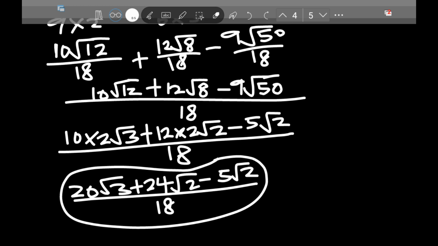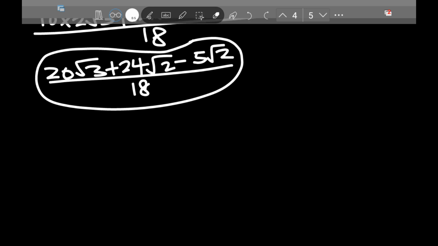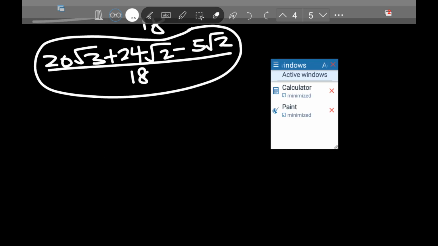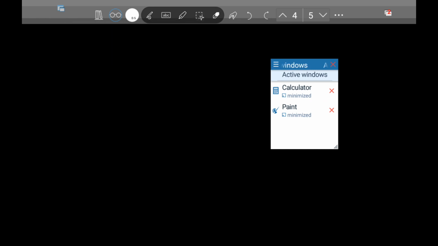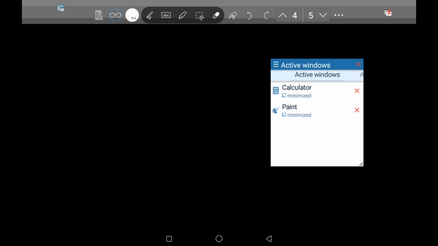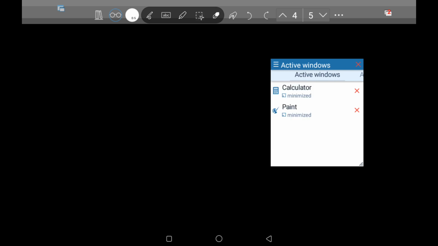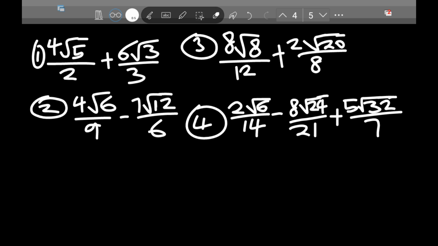Now let me glide it. So these are the exercises.